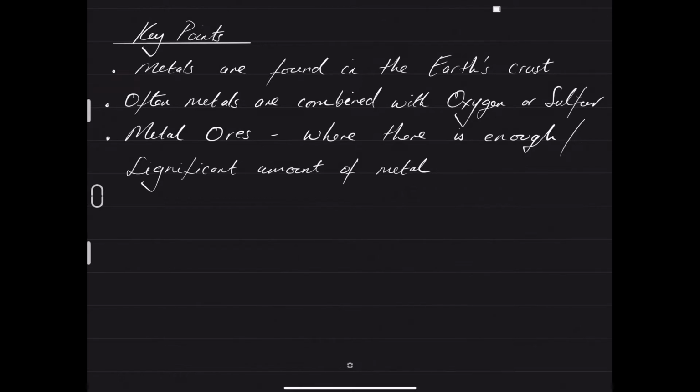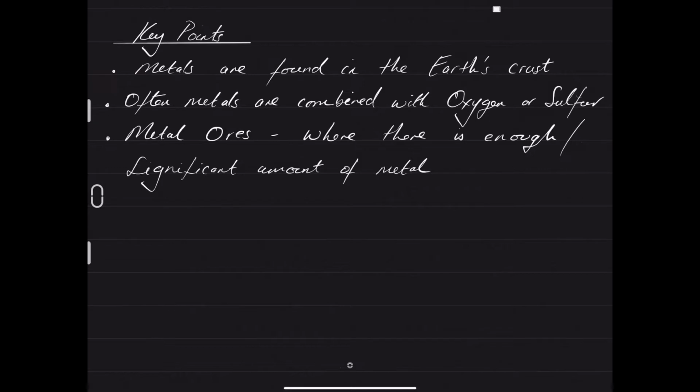well, gold's not the best example because it's not found combined. But if you're searching for, let's say, copper or tin or zinc, generally it's going to be combined with other elements, other chemicals within a certain type of rock.